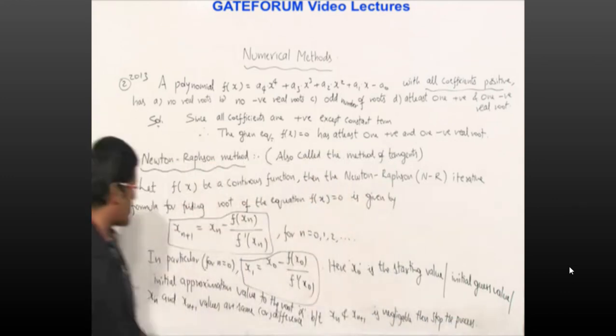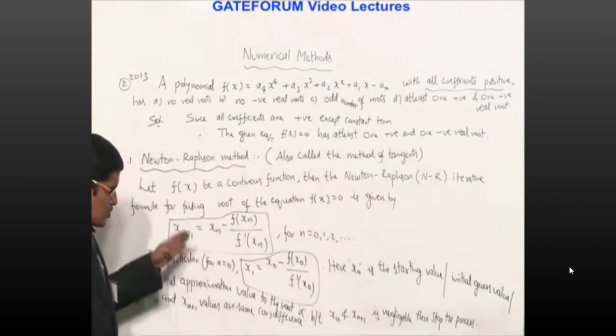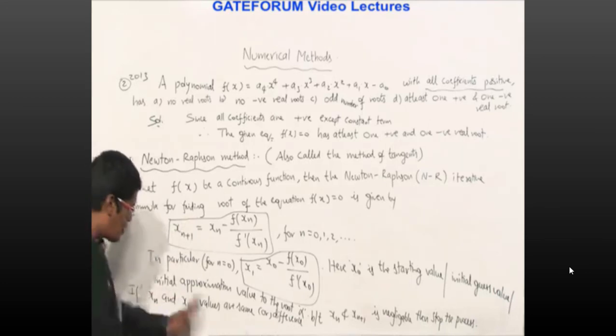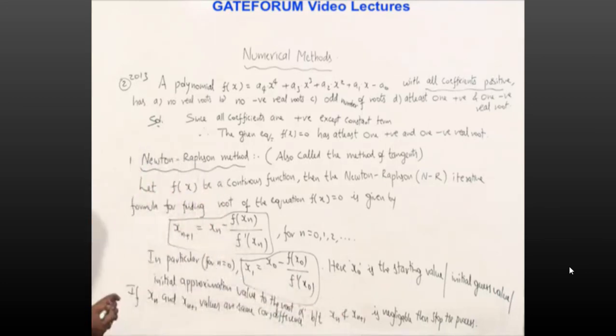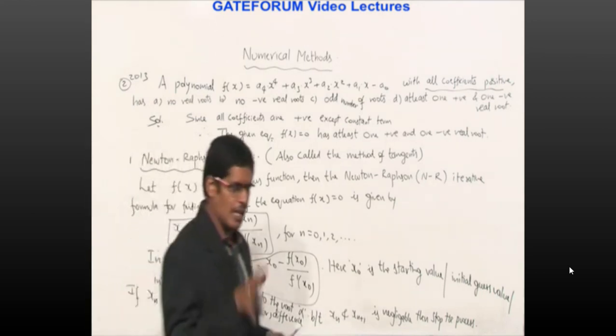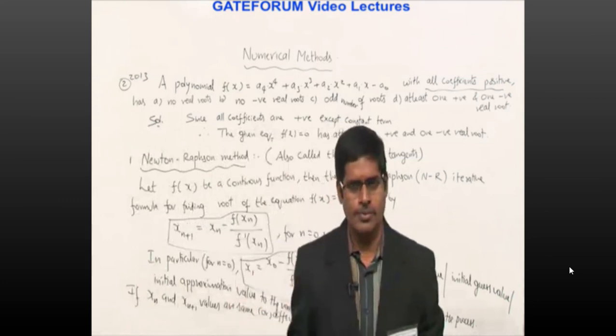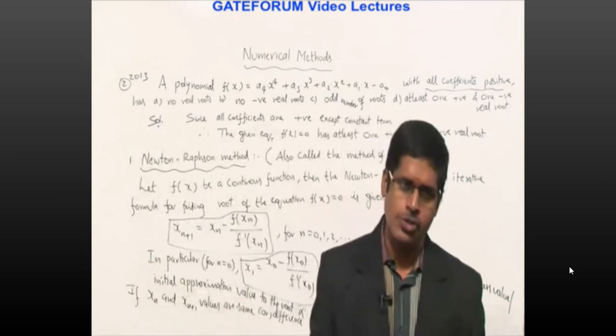What is the meaning of stopping the process? While finding x1, x2, x3, where do you stop? When two consecutive x values are the same, or the difference between two consecutive x values is negligible, or up to the desired accuracy of the given problem. In the given problem, if it mentions where to stop, then you have to continue up to that and then stop.